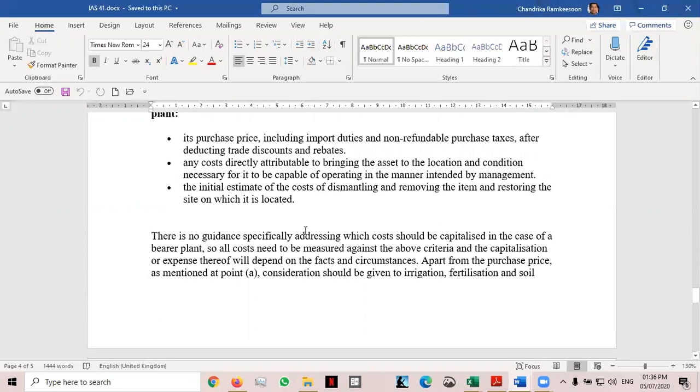By the way, I'm still yet to show you how to deal with estimated dismantling and removal costs. When we get through with all of the standards, and that would be after having finished impairment, which is the last one, we'll go through a fairly comprehensive example which does in fact deal with dismantling costs.